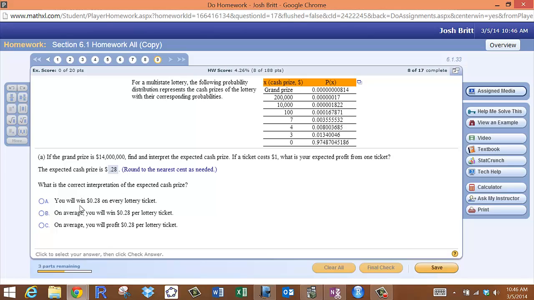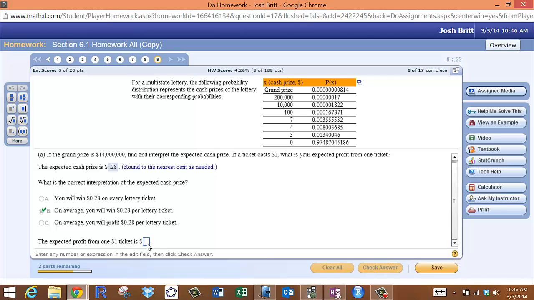On average, you will win 28 cents. Well, we haven't talked about profit yet, but profit takes into consideration how much it costs to play. So this just says we're going to win on average 28 cents.